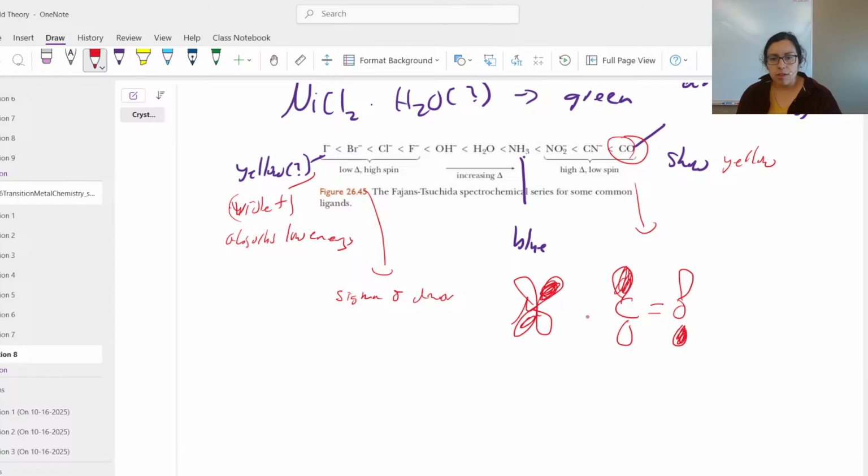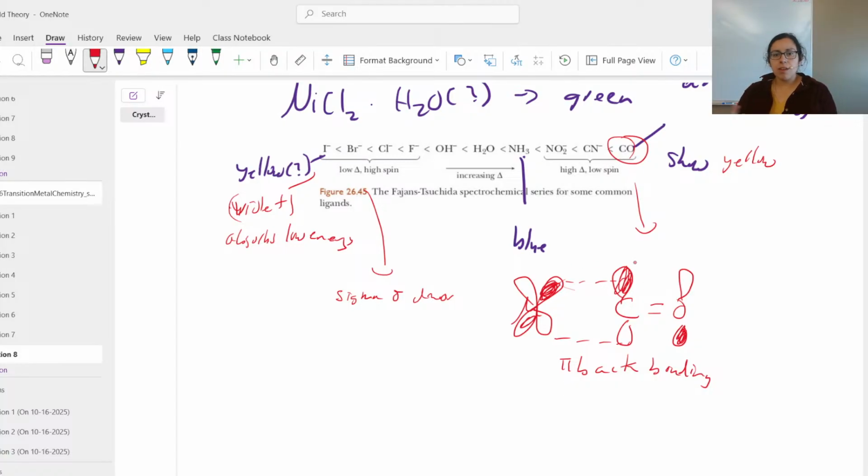So then I could draw them like so. And then we get what's called this pi back bonding interaction, where our carbonyl is donating to the metal, and the metal's donating right back to the carbon.